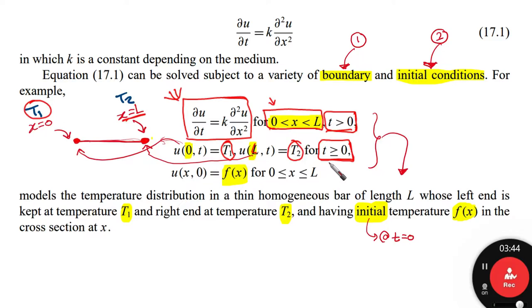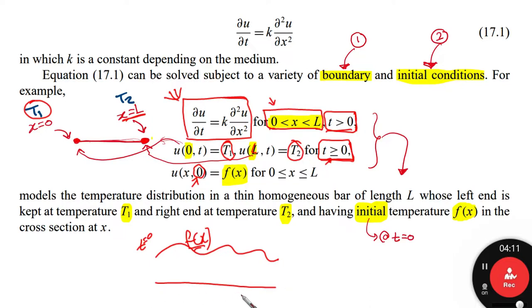Because the initial condition is included in our case, we have the equal sign here. And then u of x and 0 means exactly the initial condition at t equal to 0. There is a profile along the bar at t equal to 0, and this profile is f of x.